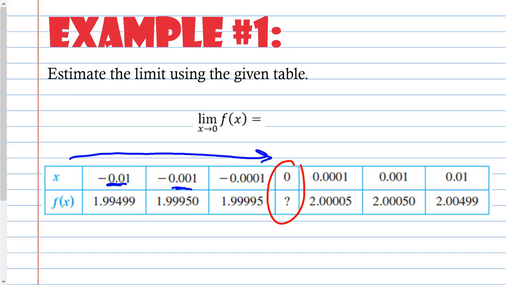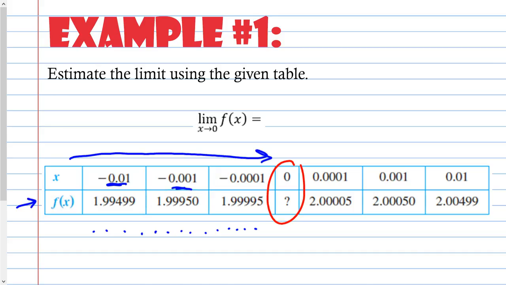Now from the left again, if you look at the y values, these are the y values. It starts with 1.99 and then 1.999 and then 1.99995. What is happening? As we move along here, these numbers are increasing.